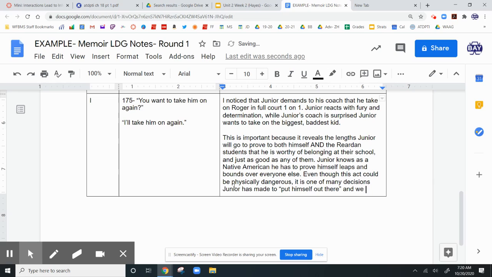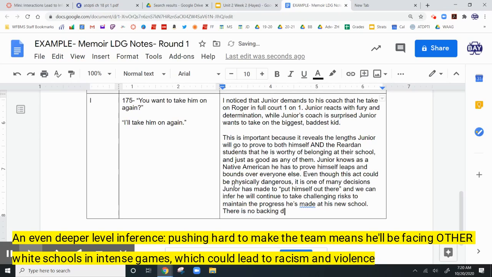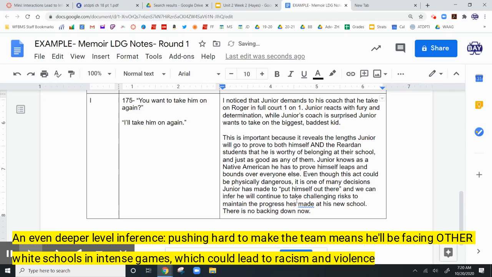And we can infer he will continue to take challenging risks to maintain the progress he's made at his new school. There's no backing down now. Okay, so there we go.